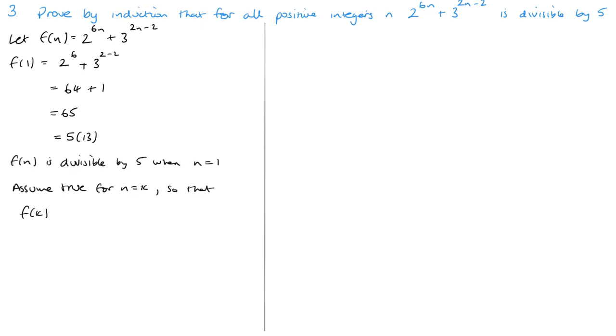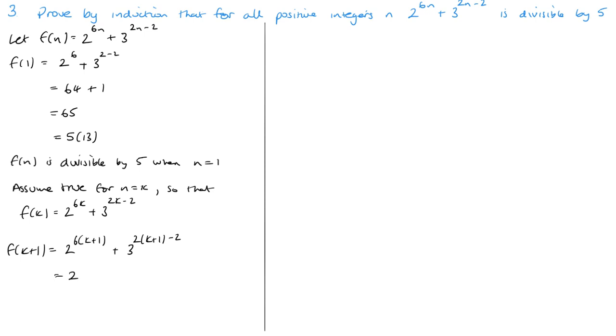f of k equals 2 to the power 6k plus 3 to the power 2k minus 2. Now let's substitute f of k plus 1 in. So we get 2 to the power 6 lots of k plus 1 plus 3 to the power 2 lots of k plus 1 minus 2.